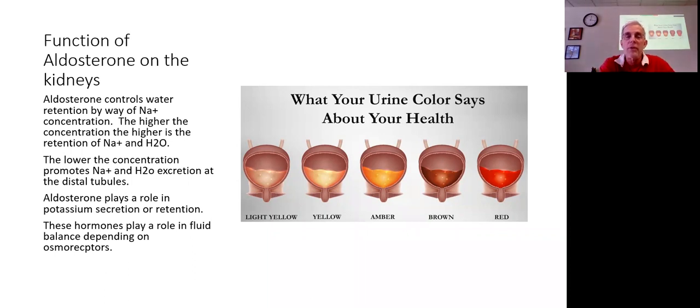Retention of sodium and H2O kind of go together that way. If there's a lower concentration of aldosterone in the bloodstream, it promotes sodium and water excretion via the tubules. So this is another mechanism of control on fluid and certain electrolytes in the system. It also has an impact on potassium levels as well.